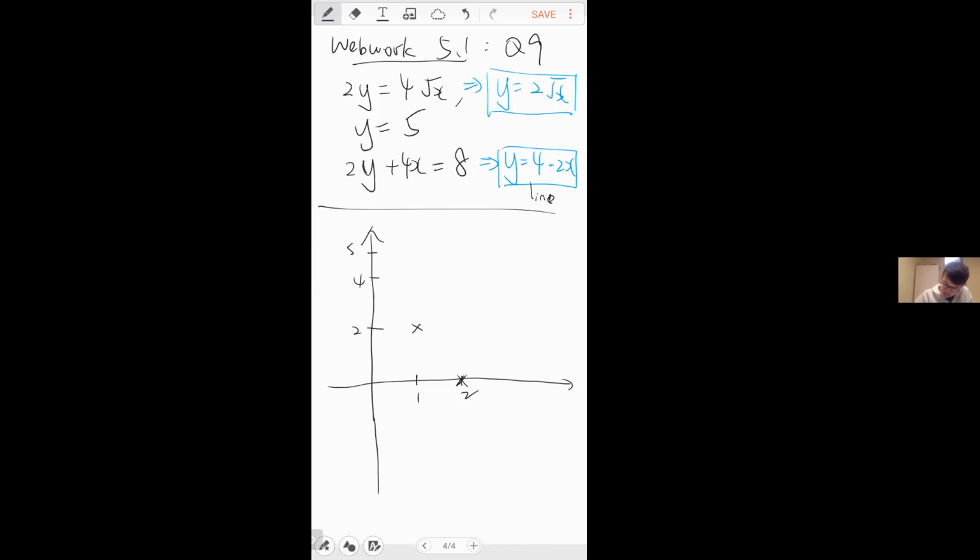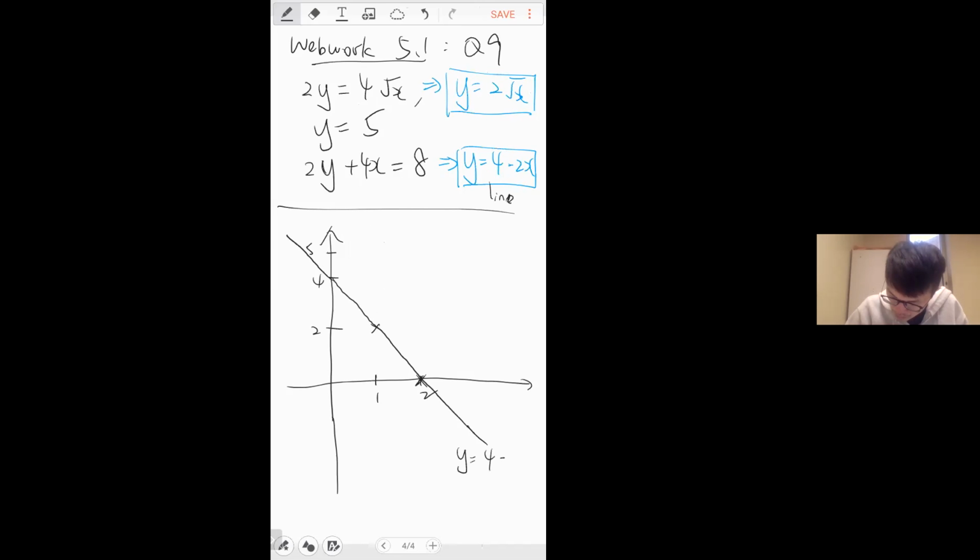So it looks like this. This is the second function, so this is y equals 4 minus 2x. And for the first function, y equals 2 times root x, what does it look like?